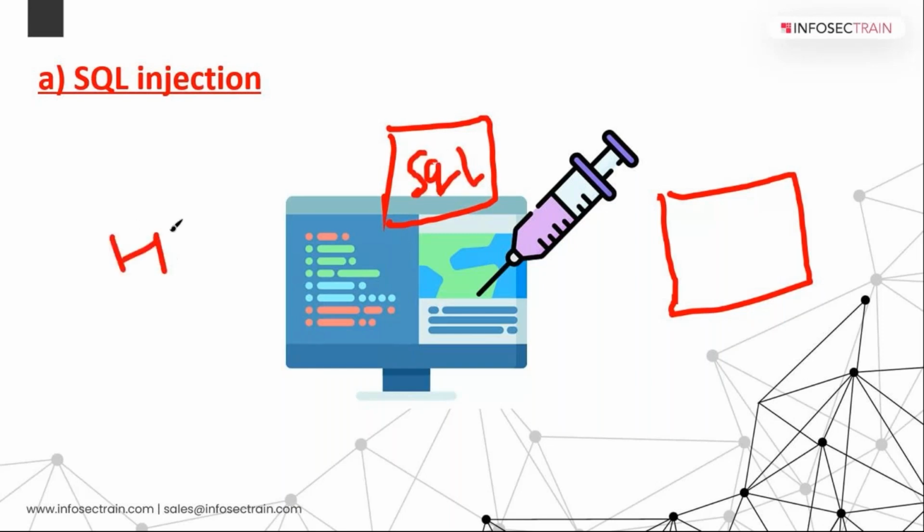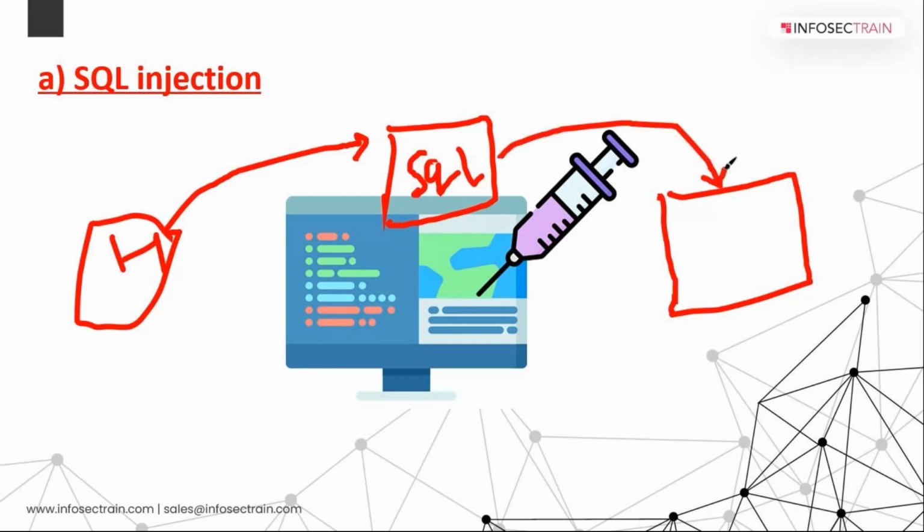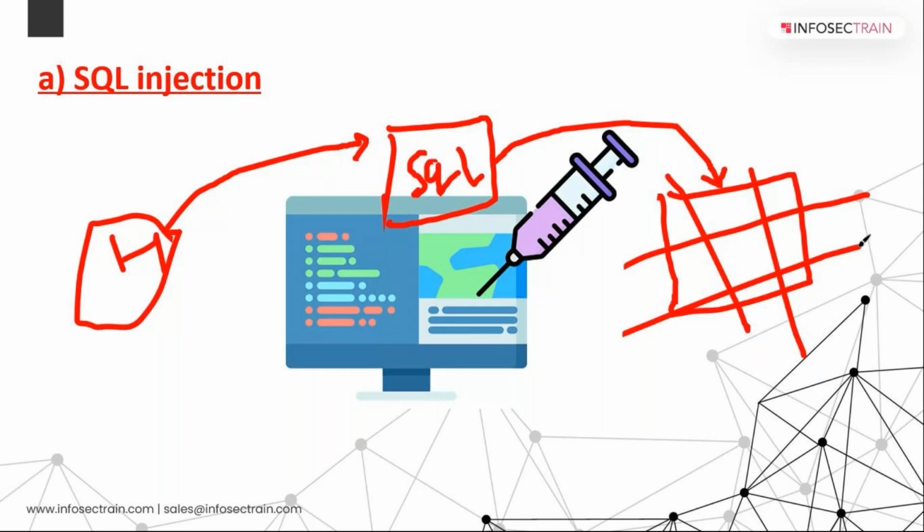The hacker sends a malicious request to the SQL: go and delete the whole database, every kind of information about every patient, their contact numbers, their details, their addresses, every sort of information in your system. SQL will go blindly and start deleting everything in the database, and it would be a catastrophe, because it would be a very big problem for the organization.